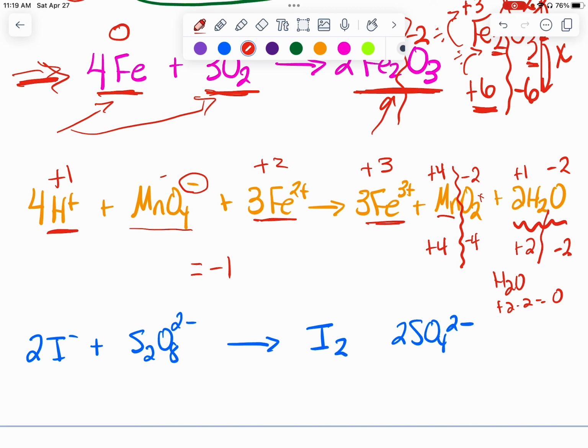Well, we know oxygen's a -2, right? -2 times 4, this side acts like -8. Well, what does this side have to be? What minus 8 is -1? +7. That's right, manganese can be a +7. +7 minus 8, you get a -1.